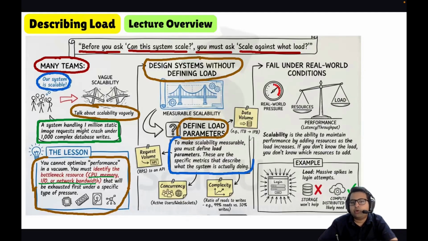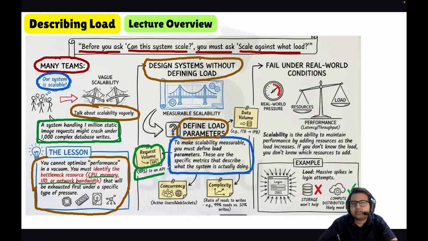Load parameters are basically the specific metrics that describe what the system is actually doing. Common examples of load parameters: request volume, like requests per second to an API.